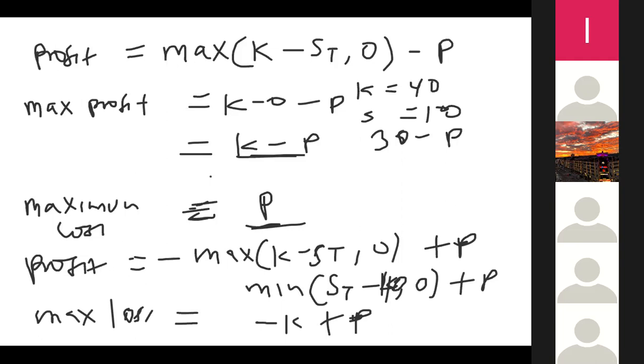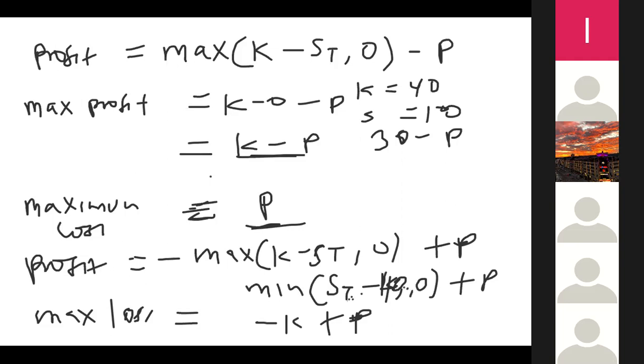It's the same thing. Okay. So in that case, the reverse of the maximum profit, the maximum profit now becomes P, because it is only when the stock price rises above K that you have the minimum of ST minus K. If the stock price rises above K, you are not going to exercise that right.